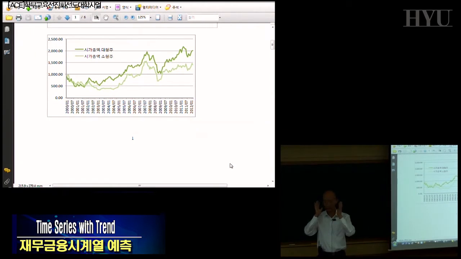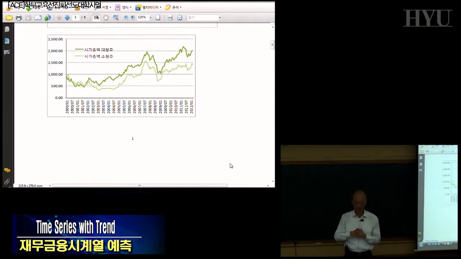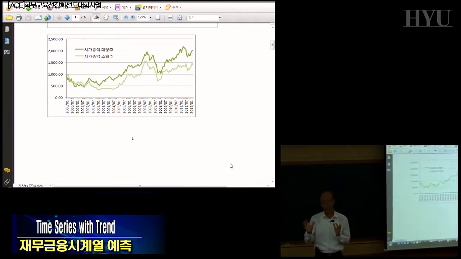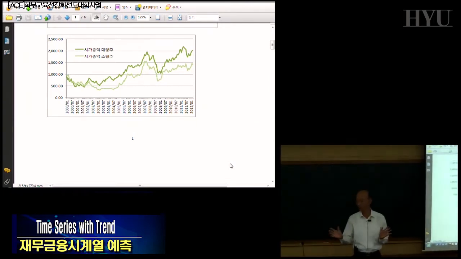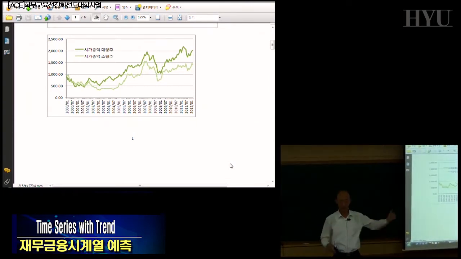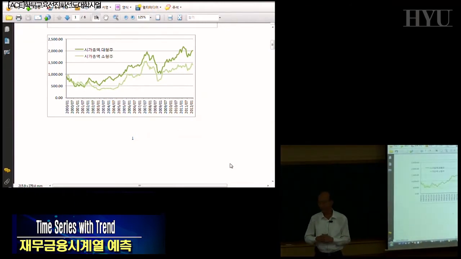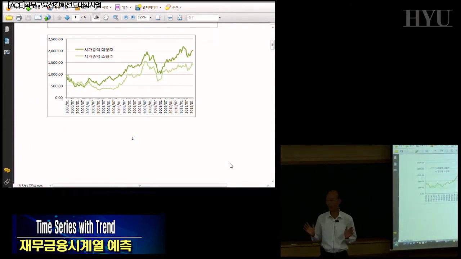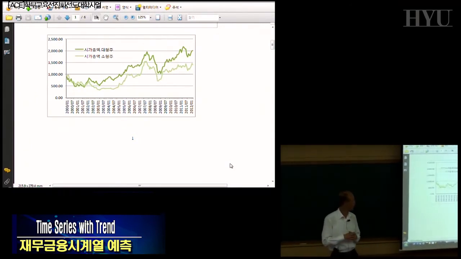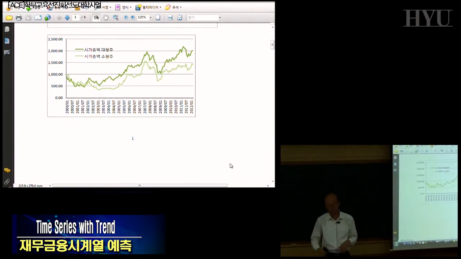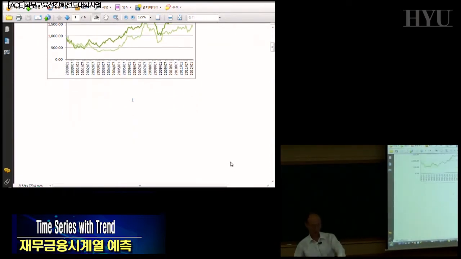Usually, data reveals some impression one way or the other, but it's often difficult to determine whether statistically these series contain a stochastic trend. So what we learned was we can apply a formal test to see if there is in fact a stochastic trend in the series.